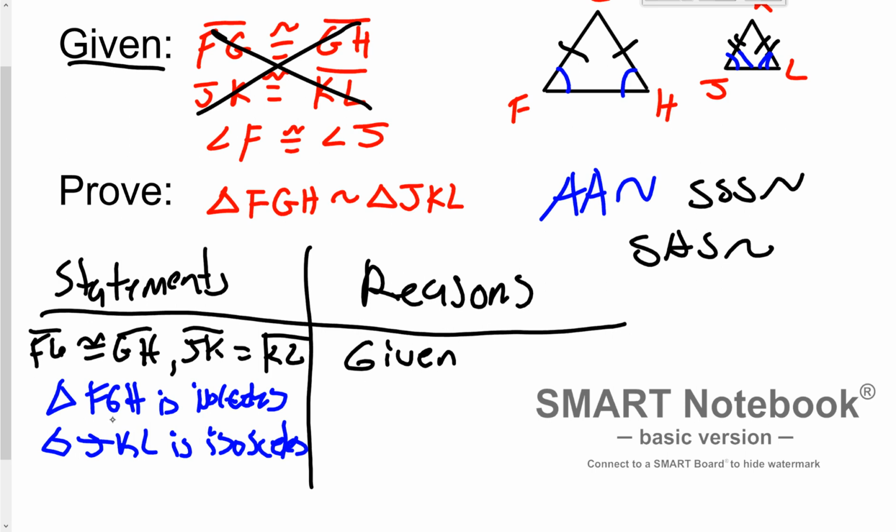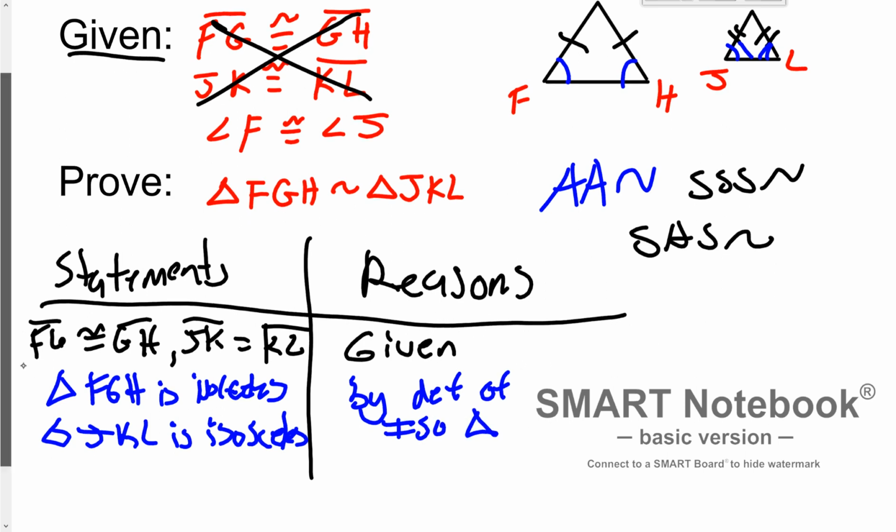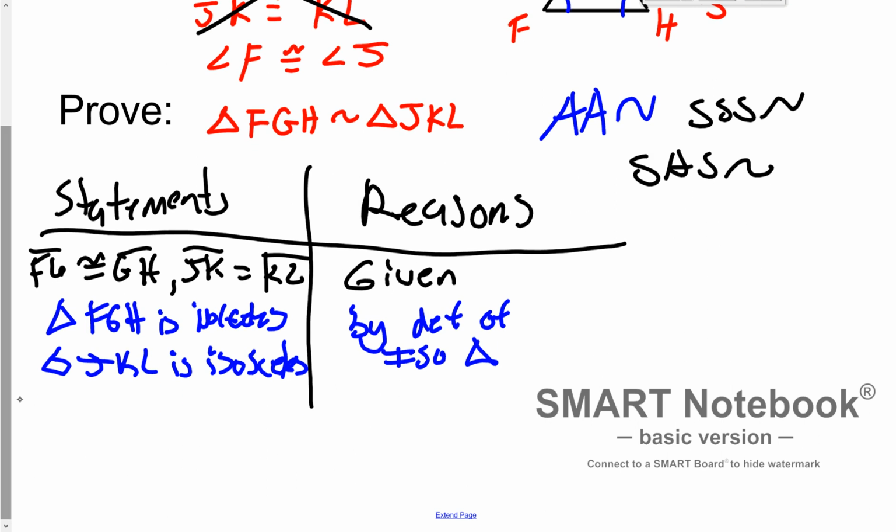And that is by definition. So those are isosceles triangles by definition, two sides are congruent on a triangle. So that's by definition of isosceles triangle. Those are my statements and my reasons.